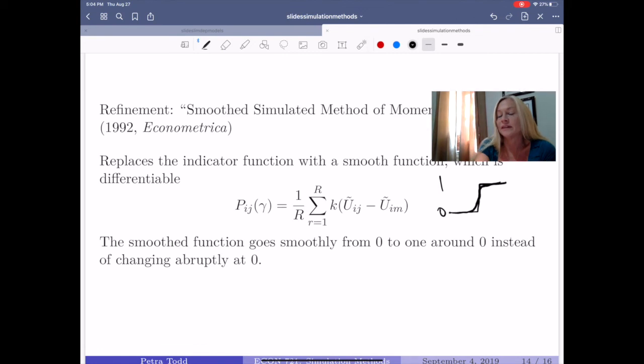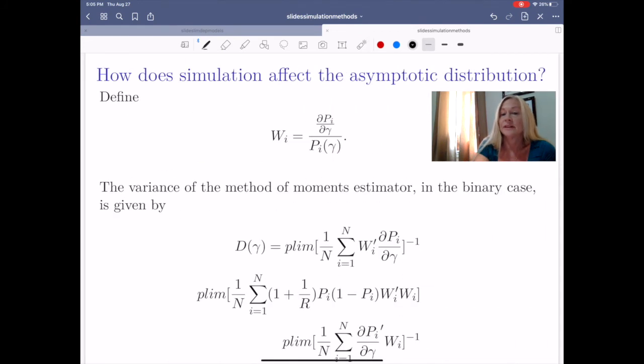In fact, usually the function that they use is like a CDF, usually like a logit CDF. The smooth function goes from 0 to 1 in a smooth way instead of in this choppy way. And that actually can improve the performance of the simulator as well. So this is called smooth simulated method of moments.